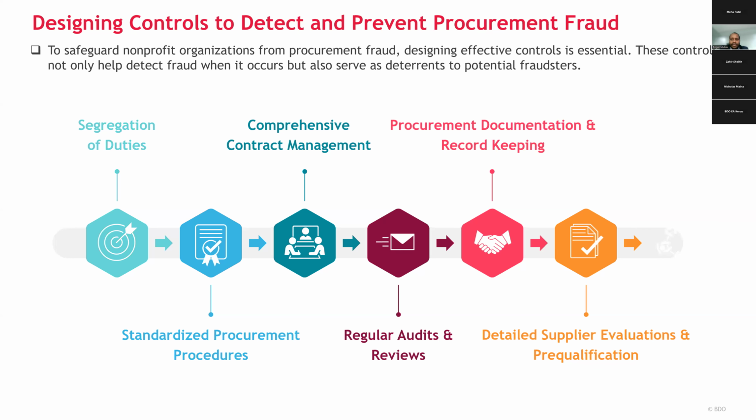The next one is comprehensive contract management. Here, you need to have controls to maintain control over the entire life cycle of a contract. This will ensure compliance with your terms and detect any deviations that may indicate fraud. One way you can do this is designating specific staff members as contract administrators who are responsible for overseeing each contract's fulfillment and ensuring its compliance with your terms and conditions.